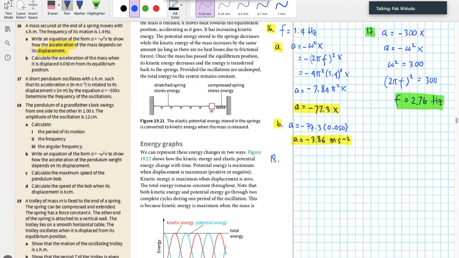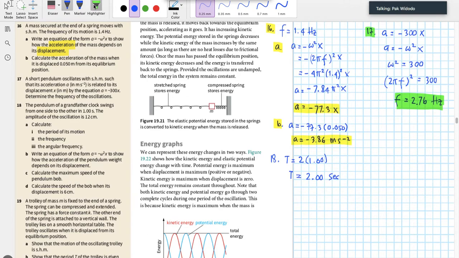The pendulum of a grandfather clock swings from one side to the other in 1.0 second. Swing from one side to the other, not back to the same position. So the period is 2 times 1.0 second, so the period equals 2.00 seconds.